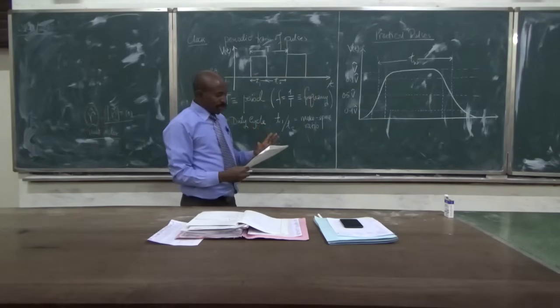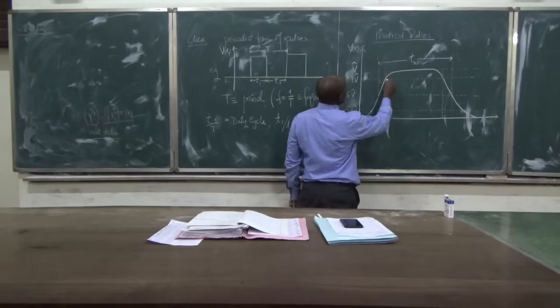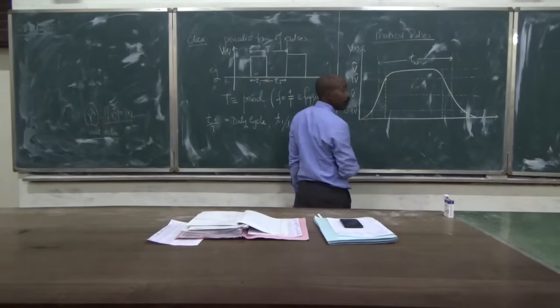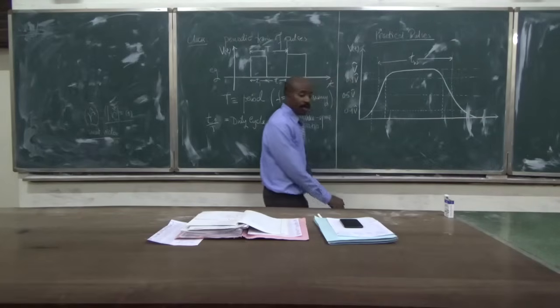The time between the 10% rise and the 90% rise of our signal is what we shall call the rise time, T R.